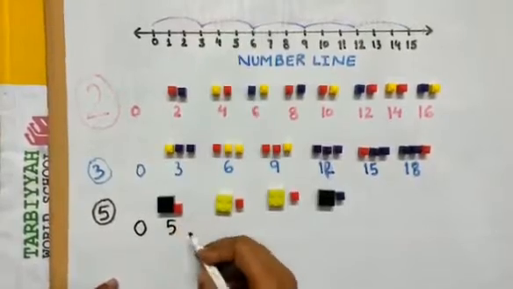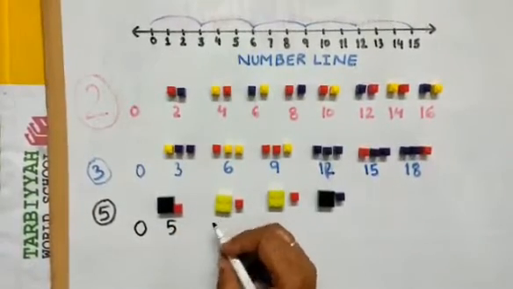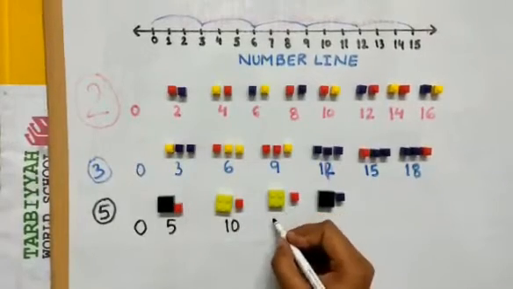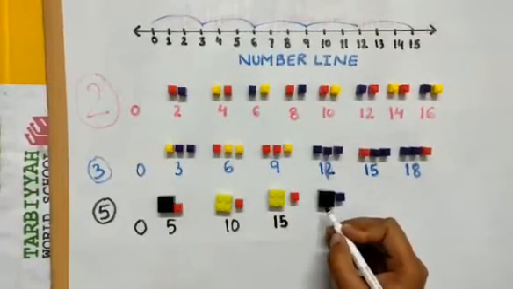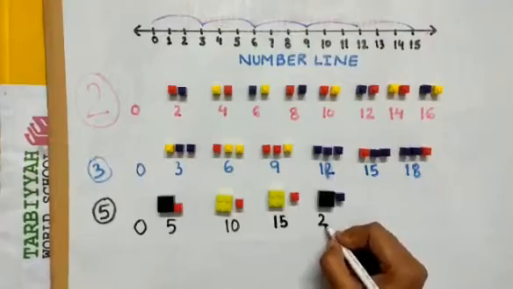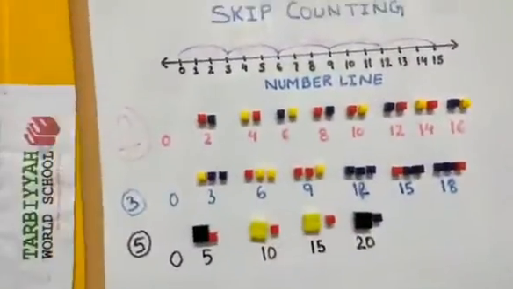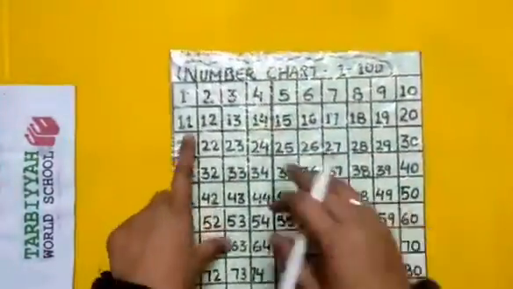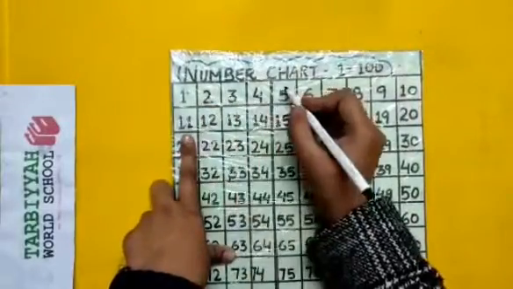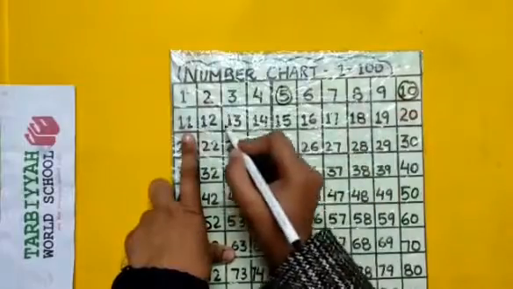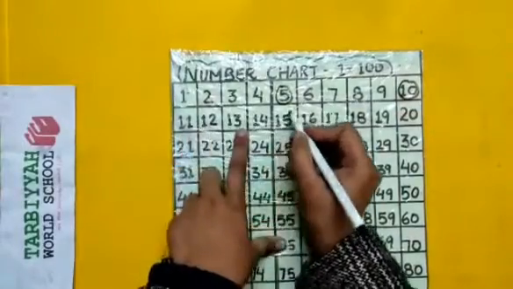We start from 0. 0, 5, 6, 7, 8, 9, 10, 11, 12, 13, 14, 15, 16, 17, 18, 19, 20 and so on. Now let's see on our number chart. 1, 2, 3, 4, 5, 6, 7, 8, 9, 10, 11, 12, 13, 14, 15.